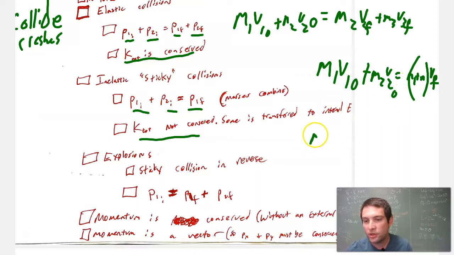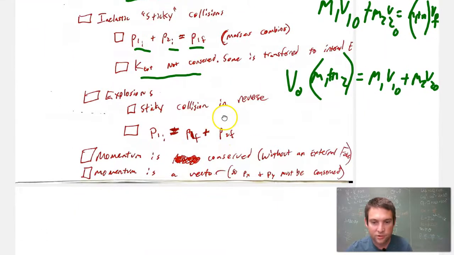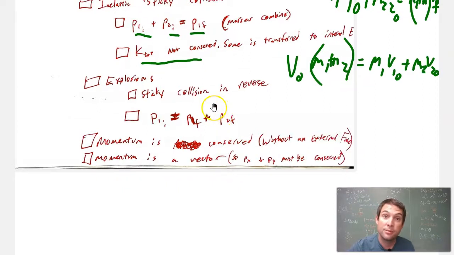So you're going to start with a combined mass, M1 plus M2, times your starting speed, and that'll separate into however many pieces it separates into. Usually not more than 3. Momentum is always conserved without an external force, just like angular momentum is always conserved without an external torque.